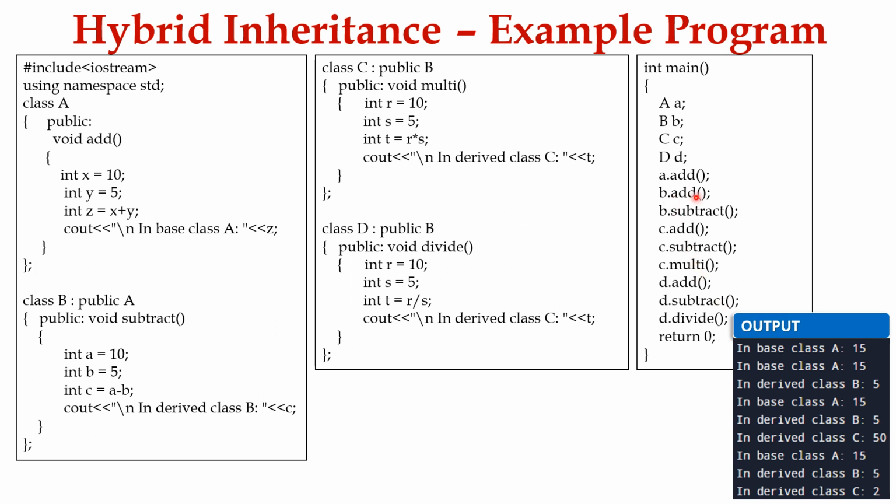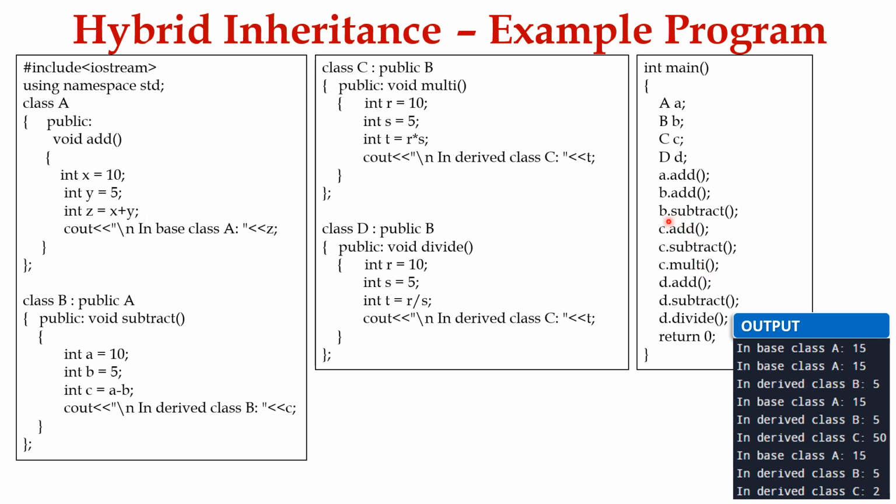Next, b.addf is being executed. So, using the class B object, we are again accessing the add function which is available in class A. The same operation is performed and the value 10 plus 5, 15 is displayed to the user using the cout statement. You can see here in base class A, 15 is displayed to the user as shown in the output.